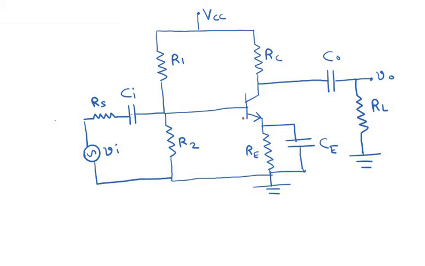We have two junctions here, one is the base to emitter junction and one is the base to collector junction. These two junctions have some capacitance of their own due to the depletion charge and the accumulation of excess minority carriers. So we have a capacitance here.